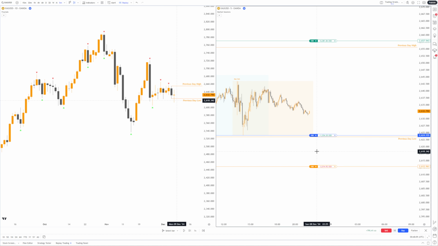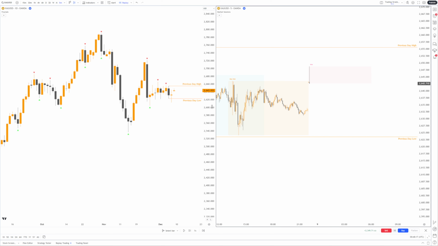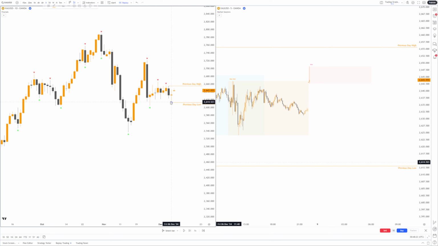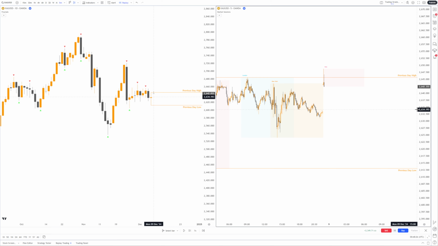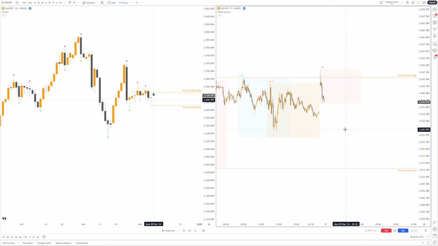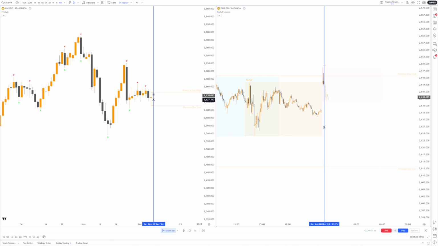We can see the new day's about to open, so I will just close it here and be happy with what I've got because it's ranging. The new day is about to open up, and you can see the new day actually spiked up and hit TP. Great.